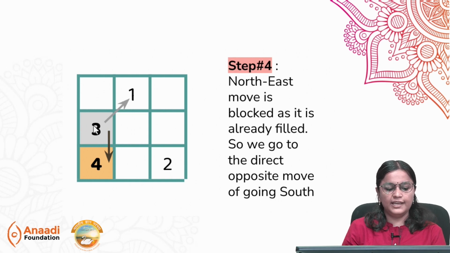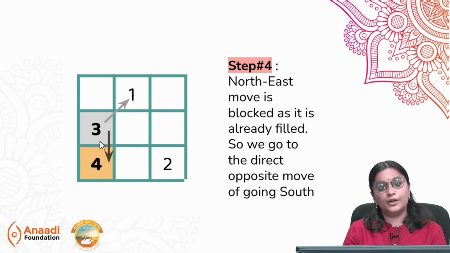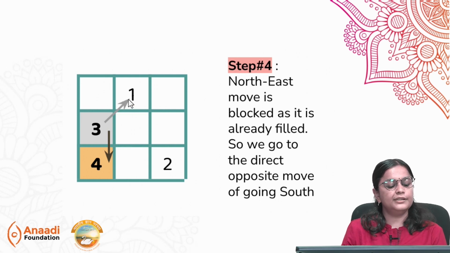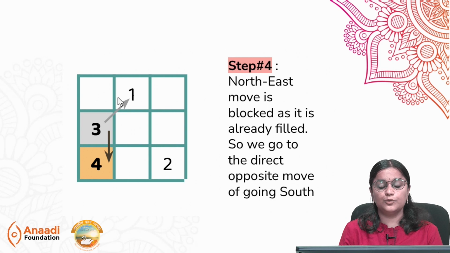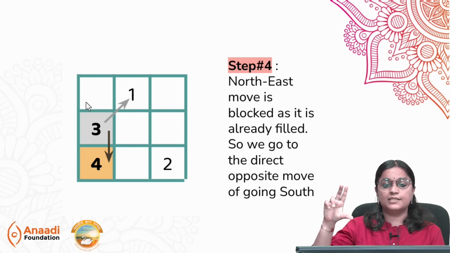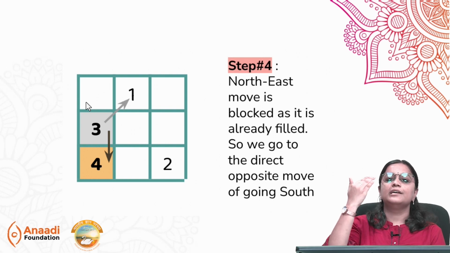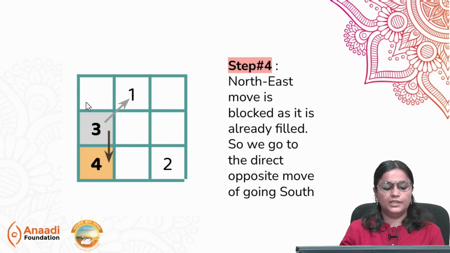Fourth, with the 3 being filled already, we now again try filling the northeast direction. But going northeast from 3, what happens? This move is blocked because the digit 1 is already filled over there. Now if you remember from the rules, if that place is filled and that move is blocked, what do we do? We go in the exact opposite direction. The exact opposite direction of north is south. So we will place the number 4 right below the number 3.